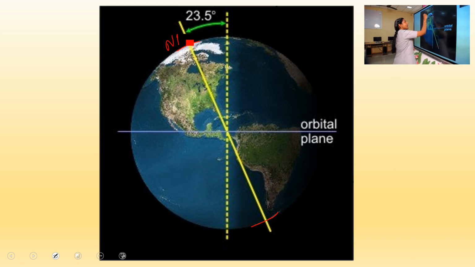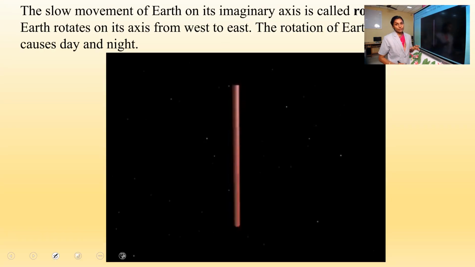These 2 points are connected. The axis of the earth is tilted to about 23.5 degrees. So that is about the axis or the tilt of the earth.